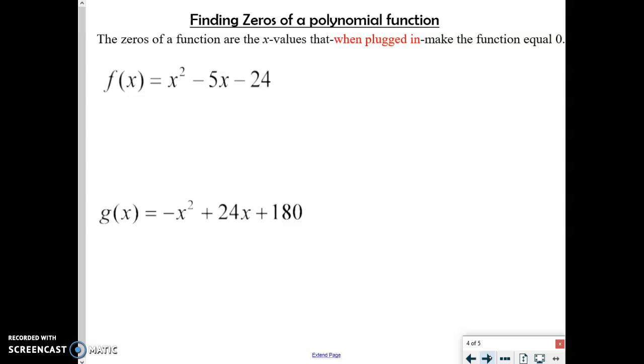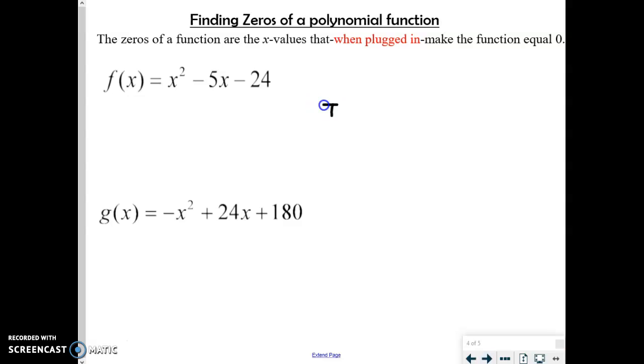The next two examples I put in here, not for us to work through, but to be aware of that when you see any type of a polynomial function, the function of x, or f of x, is what makes the output 0.